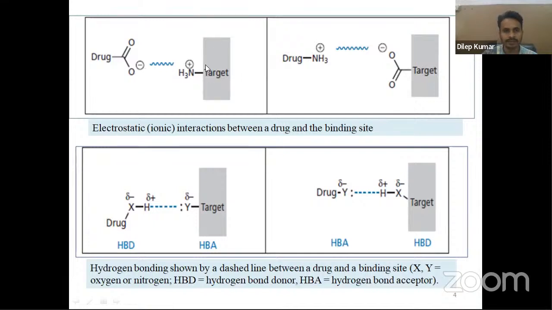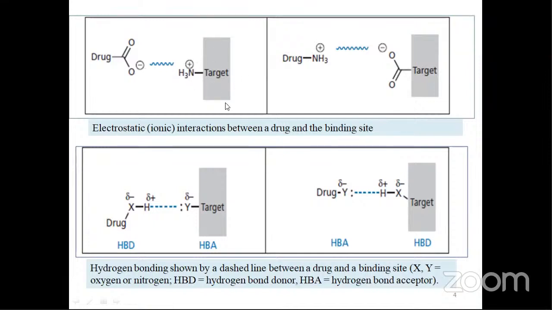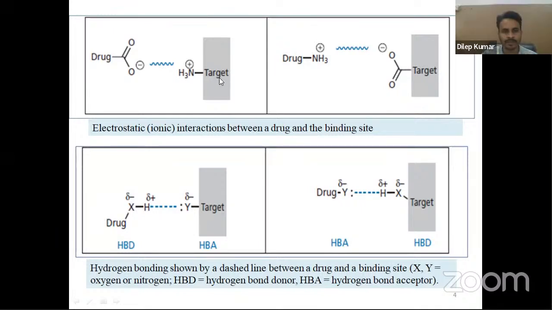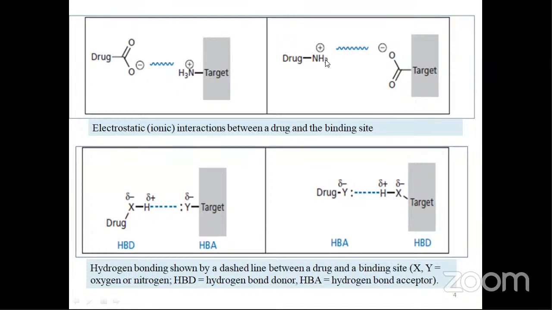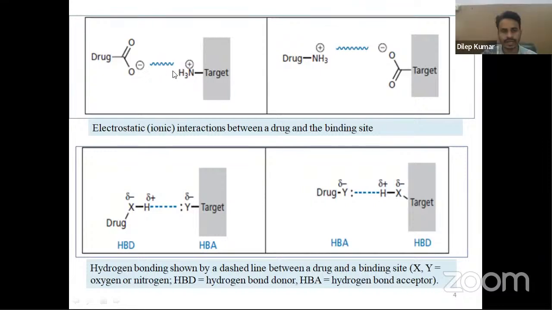And this is the target protein. As it is made up of amino acids, it has different ammonium groups, and there is an interaction between these two. This is electrostatic or ionic. This is nothing but the interaction between two oppositely charged species.